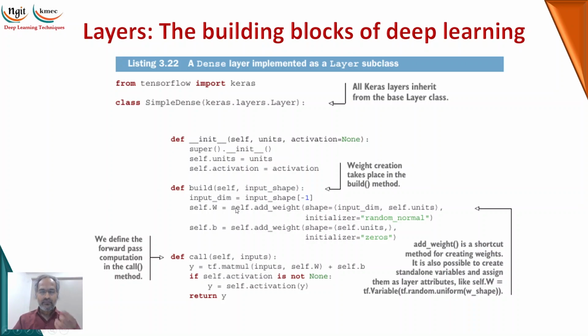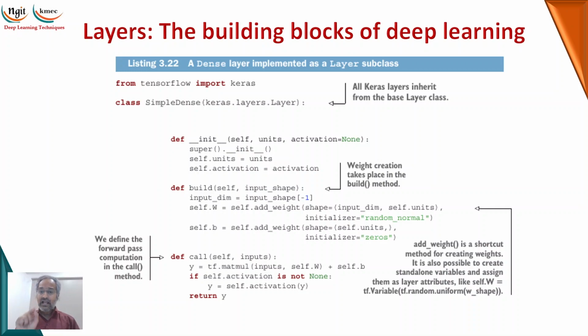So here with the same scenario we are doing self.w equal to, and we are initializing the input dimension. What is the input dimension? Let us say, for example, if I give the number of hours of study and number of hours of sleep, if you take these two, then if you have 100 students' information, what will be the shape of the data set?